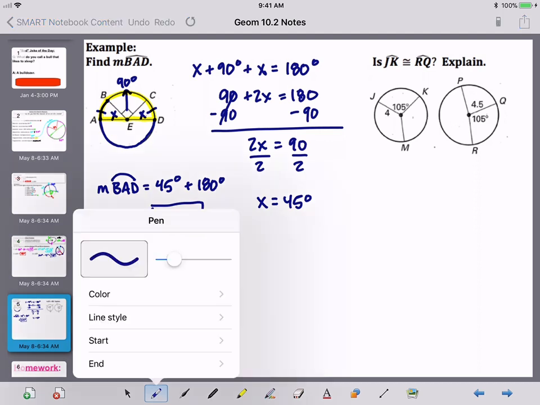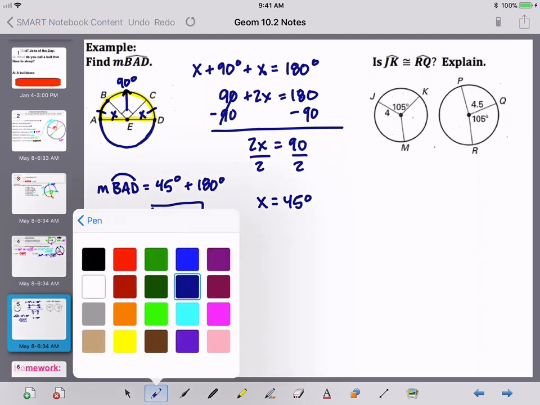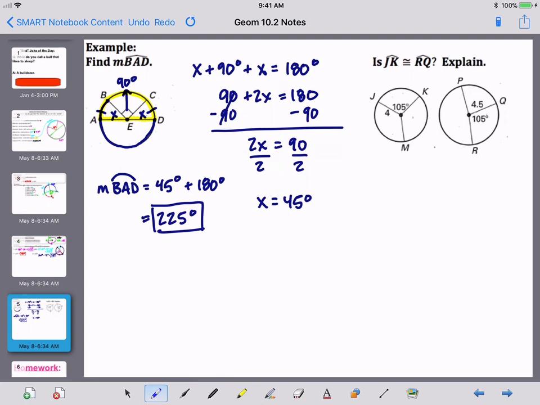Okay. One last idea in this lesson is to tell if arcs are the same measure, or the same length. So what they're asking is if we think from J to K is congruent to from R to Q. Well, if the question asks, are their measures the same, we would say yes, they're both 105 degrees.